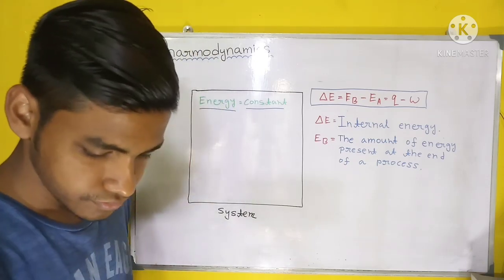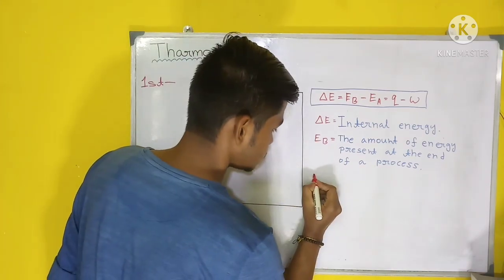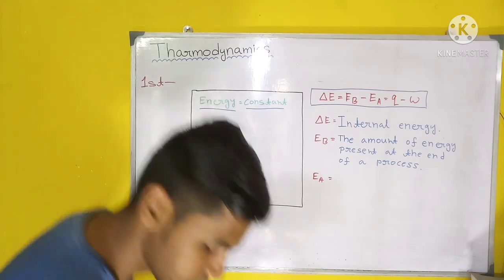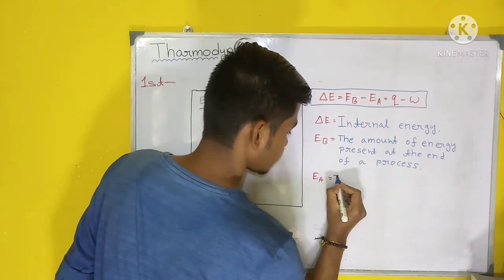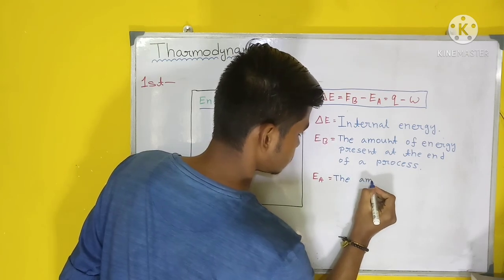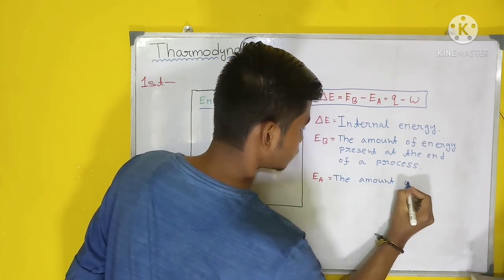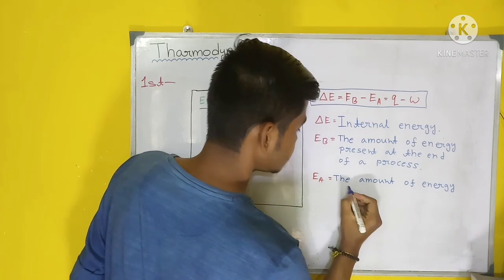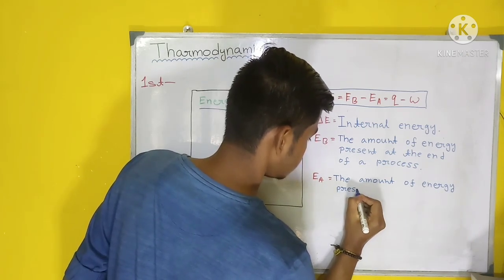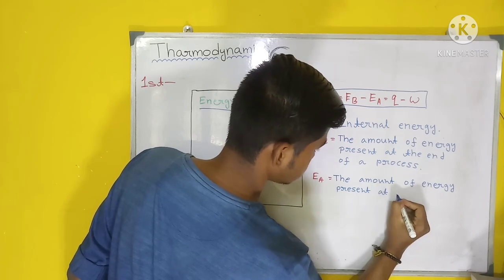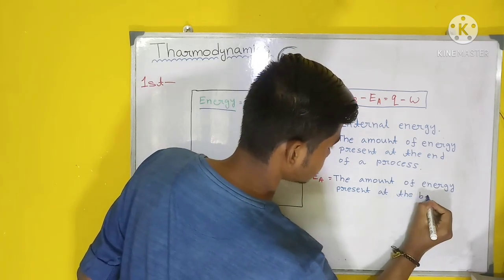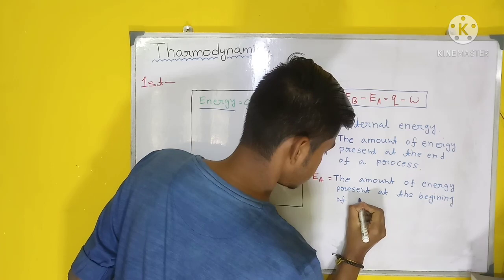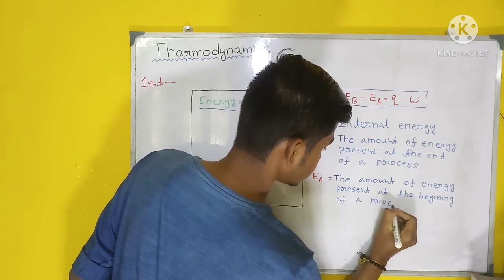EA is actually the amount of energy present at the beginning of a process.